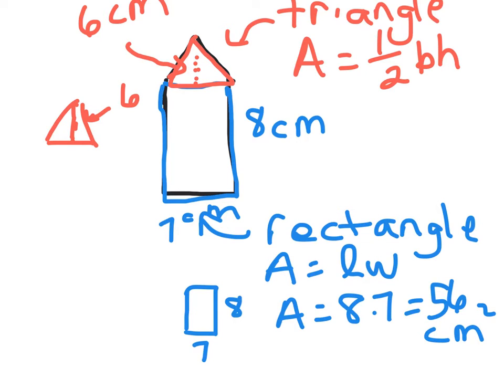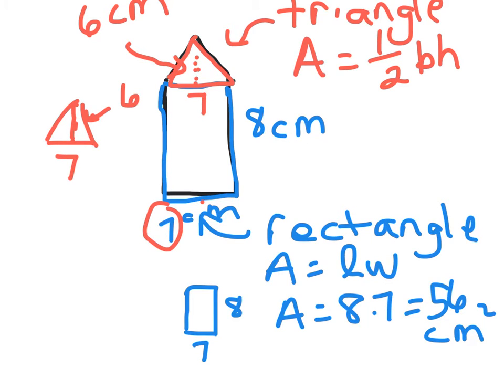So we need to look like a detective and look for clues in the picture. If you'll notice, the base of the triangle is the same size as the bottom of our rectangle. So if the bottom of the rectangle here is 7, that means that this line up here is also 7, because what we know about rectangles is opposite sides are parallel and congruent. So the bottom of our triangle has to be 7.